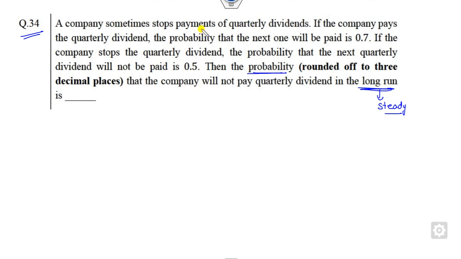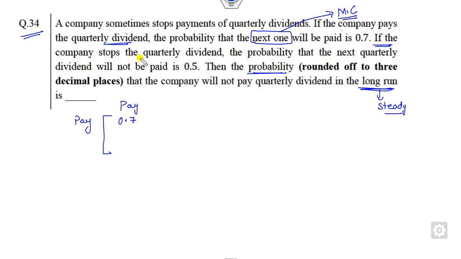Companies sometimes stop the payment of the quarterly dividend. This is a question related to the Markov chain. If the company pays this time, the probability that it will also pay the next time is 0.7.